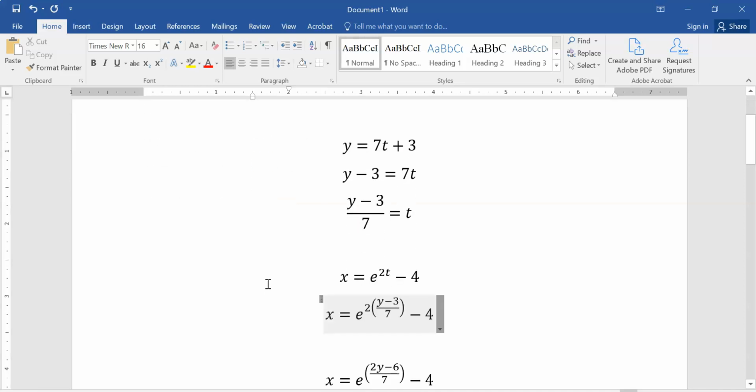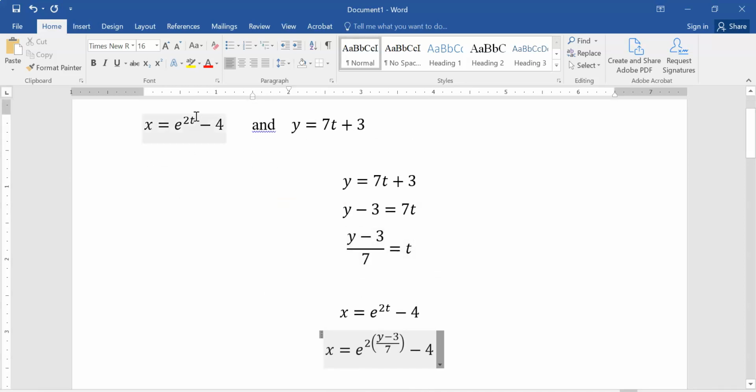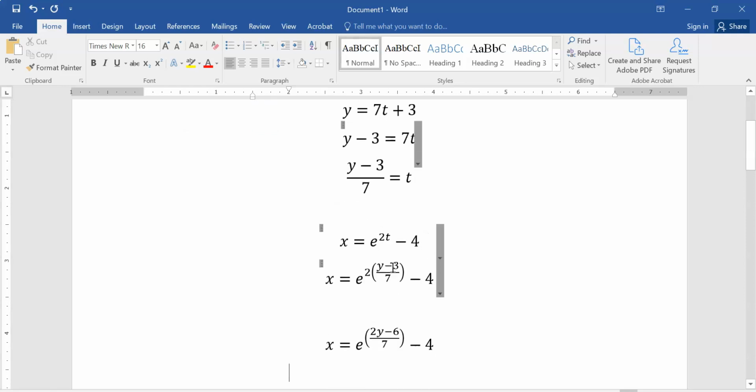Now, you're going to plug that in for your t in the other equation. By the way, that t is in the exponent, so it gets a little bit messy, but that's all right. So x is equal to e to the 2t minus 4. You replace that t with y minus 3 over 7, so e to the 2 times y minus 3 over 7.